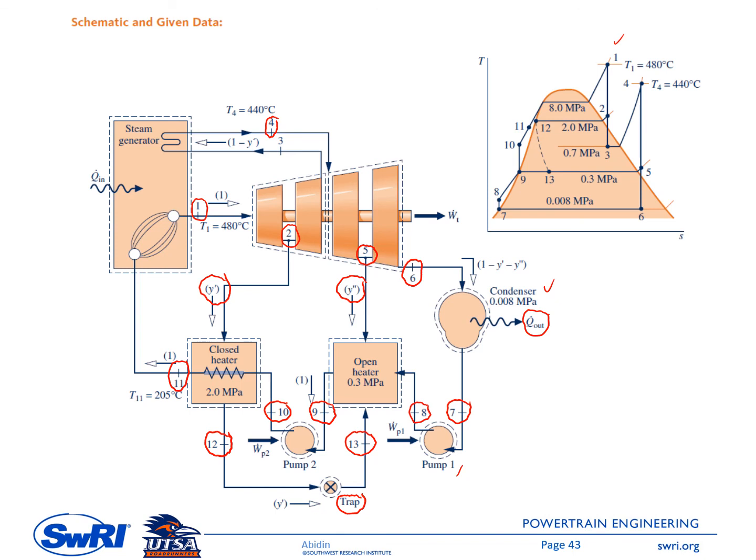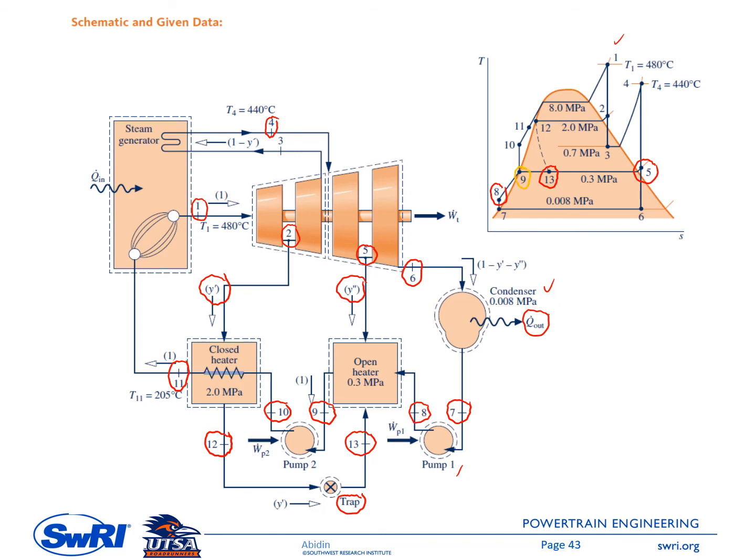And then 7 to 8, it's a pump. So for the isentropic process, it's connected by a straight vertical line. So state number 8 is in the compressed liquid zone there. And then 8 to 9, so 9 here is at the exit of the open feed water heater. So the working fluid at state number 5, and then state number 8, and then state number 13, mix, and the final state here is at point 9.